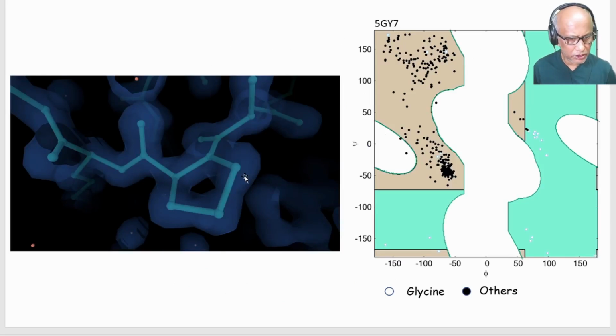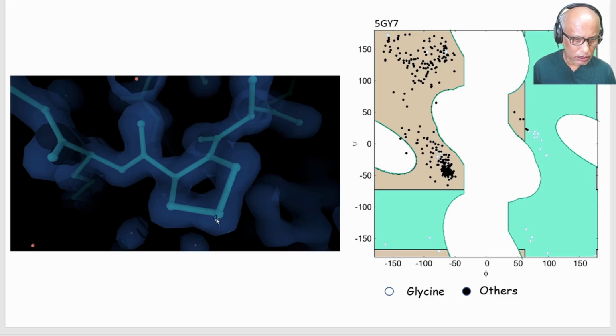If you see carefully, you see some blue blob-like regions around here. These are the so-called electron density of the protein. This is what you actually measure. And then what the experimenter, in this case Dr. Nupur Singh, did is that she interpreted this electron density in terms of a chemical model.